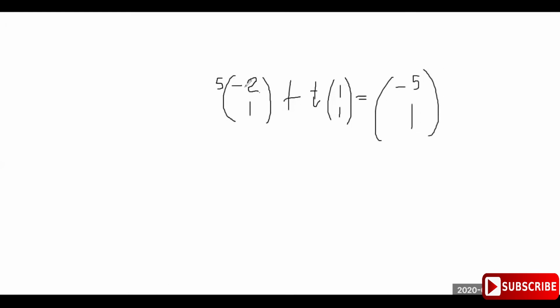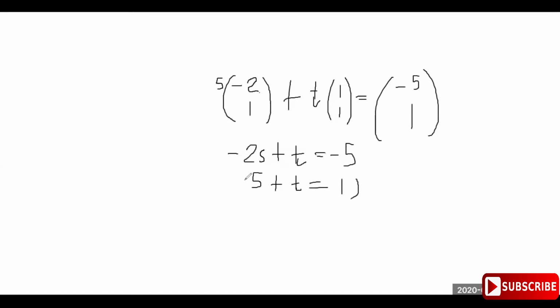So s times negative 2, that's negative 2s, and then t times 1 is just t. For the x part, that's going to be equal to negative 5. So we equate our x component, and then we equate our y component. We're getting s plus t is equal to 1.